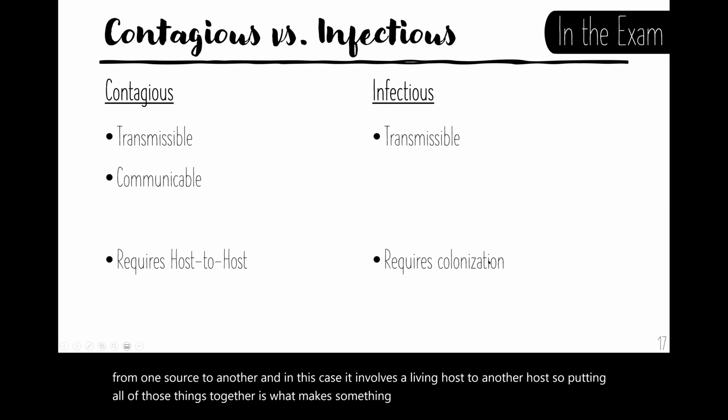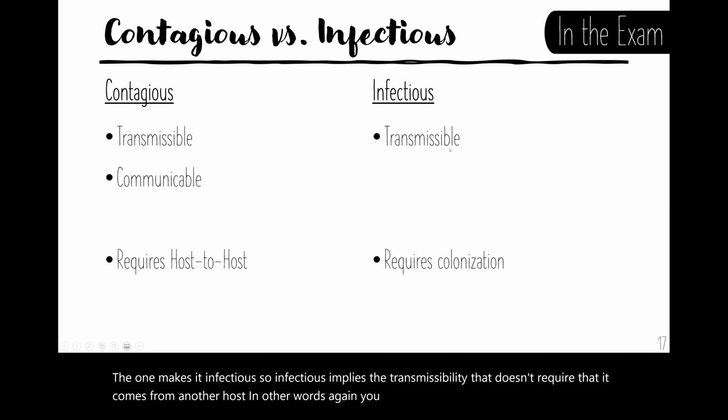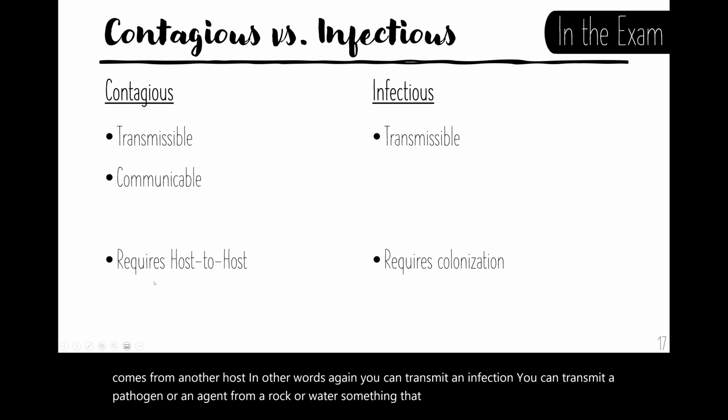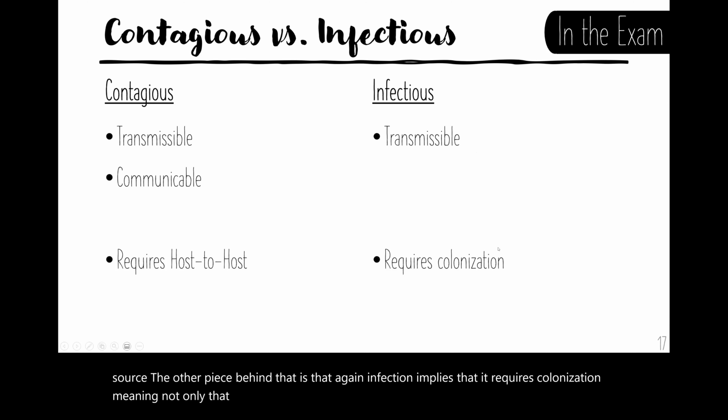But what makes it infectious? Infectious implies the transmissibility, but it doesn't require that it comes from another host. In other words, you can transmit an infection, a pathogen or an agent from a rock or water, something that does not require another host as a source. The other piece is that infection implies colonization, meaning not only does it get transmitted, but it has to stay on you, okay?